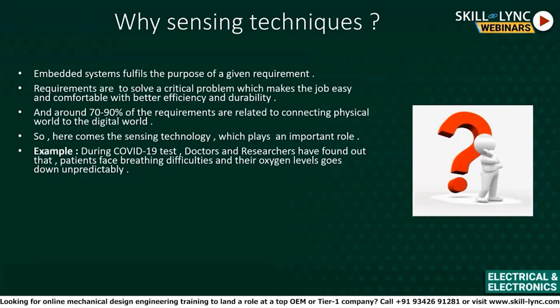To give a solution for a particular problem, you need to have a clear picture of your requirement. For that, doctors and researchers have found that COVID-positive patients face breathing difficulties. At some stages, their oxygen level goes down, and that oxygen level is unpredictable, which means you cannot predict it.